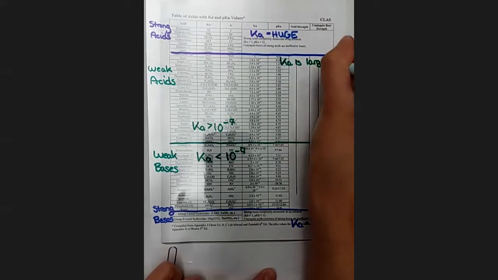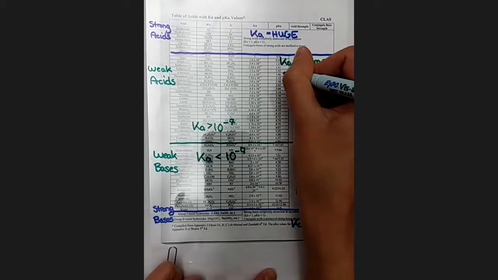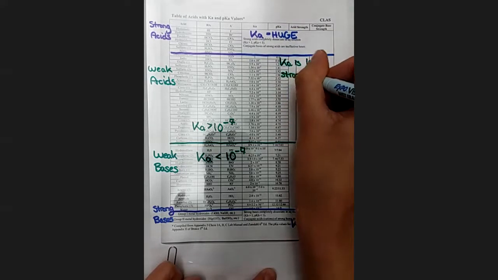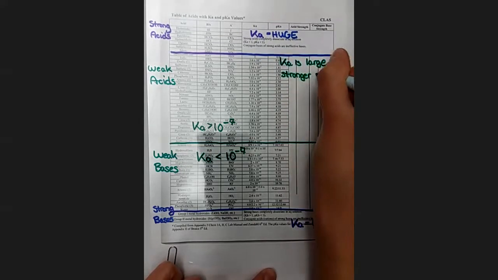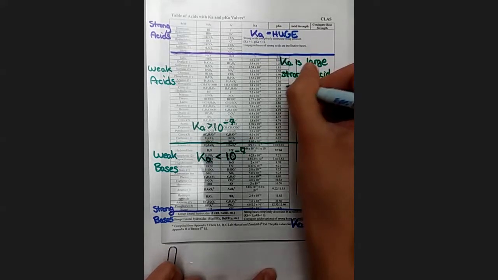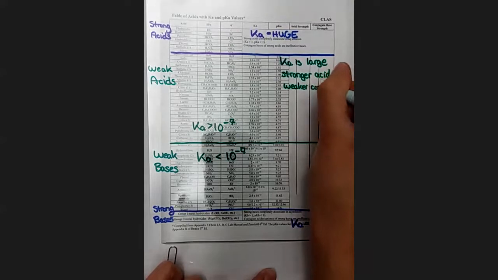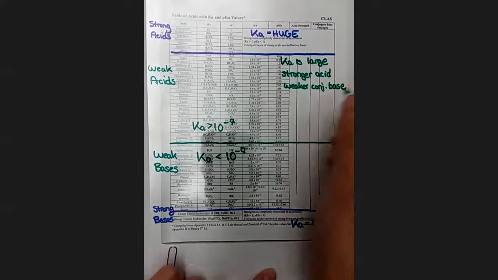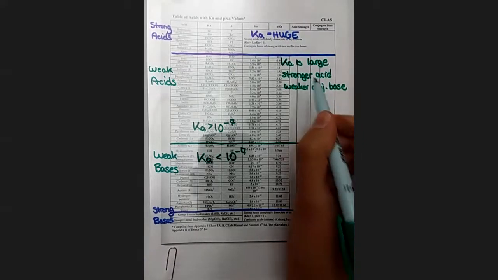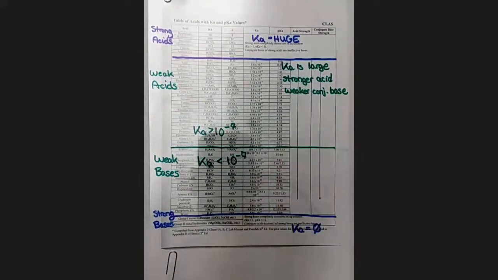So we have a large Ka. That means we have a stronger acid and we have a weaker conjugate base. Because a large Ka means we have a strong acid, and the stronger the first partner, the weaker the second partner.